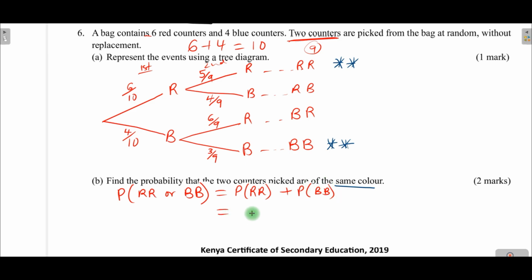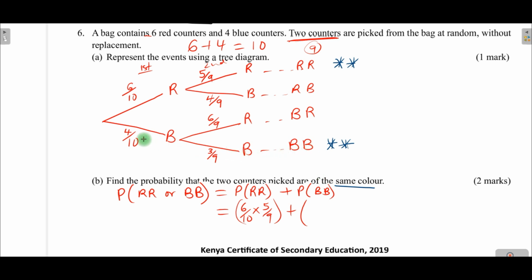And therefore the probability of picking red is 6 over 10 times 5 over 9. Then plus the probability of picking blue.